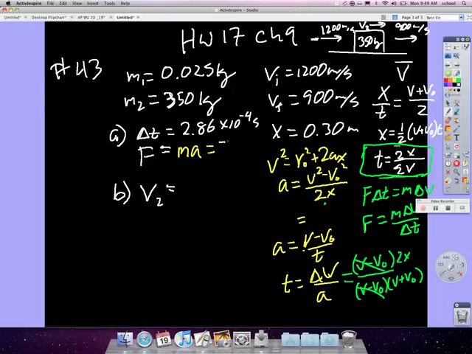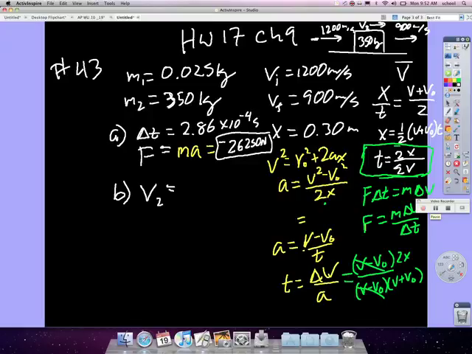What's the easiest way to figure out the velocity of the block? Conservation of momentum is perfect, right? So we can say Pi equals Pf. What was moving in the beginning? So it's just P1 equals P1 final plus P2.